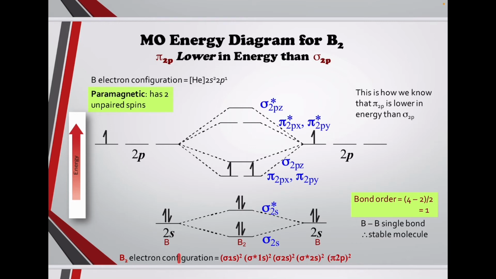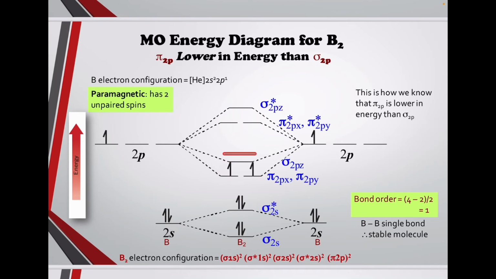For B2 electron configuration: sigma 1s2, sigma antibonding 1s2, sigma 2s2, sigma antibonding 2s2, and pi 2p2. So you can just write pi 2p, acceptable. Here pi 2p2. So the magnetism is paramagnetic because it has 2 unpaired spins.